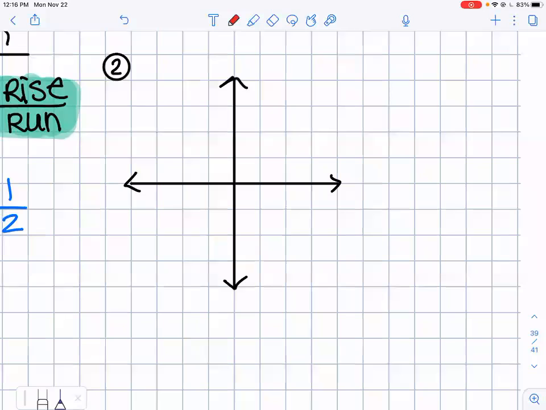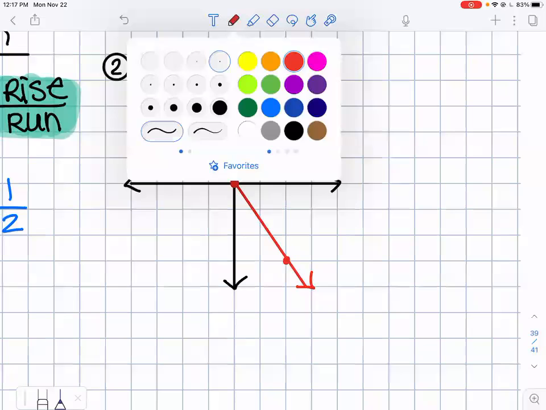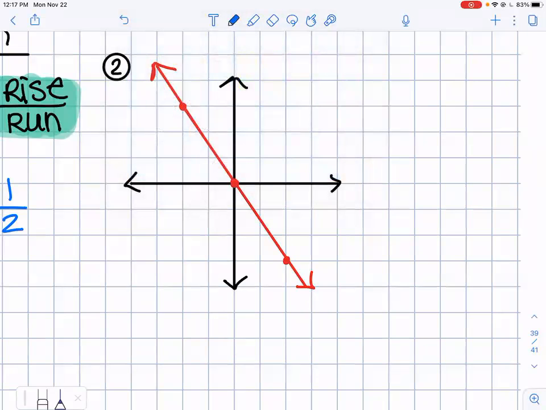Okay, so we're gonna have a point at 0, 0 and 2, -3 and -2, +3. Okay. Graph that for me, please.